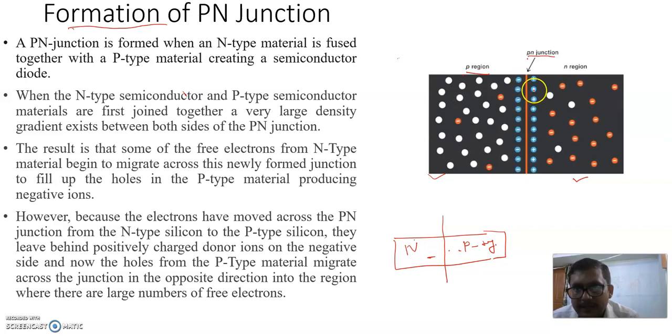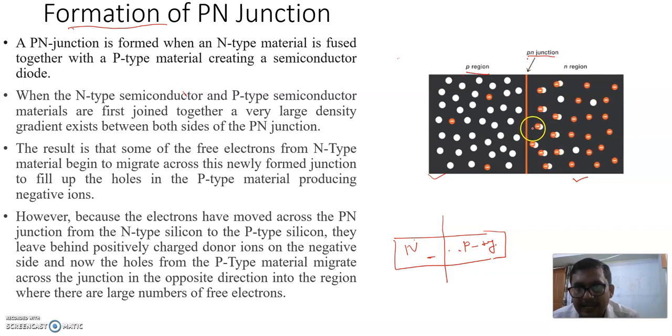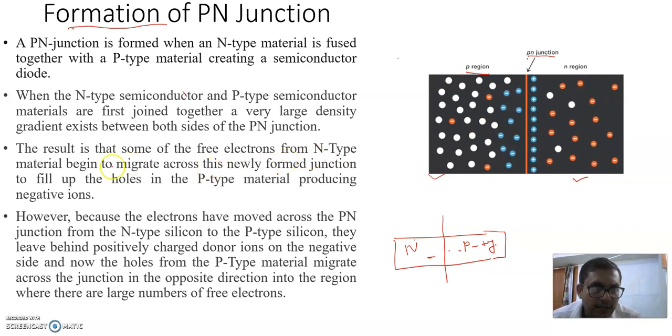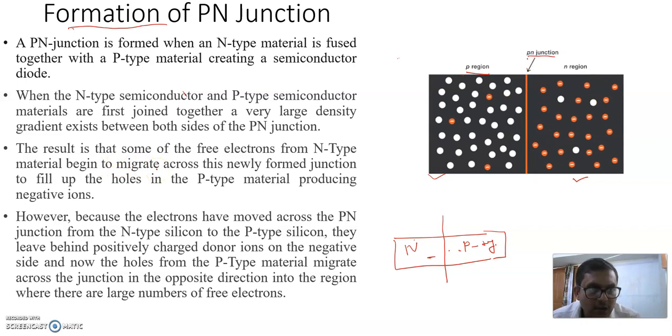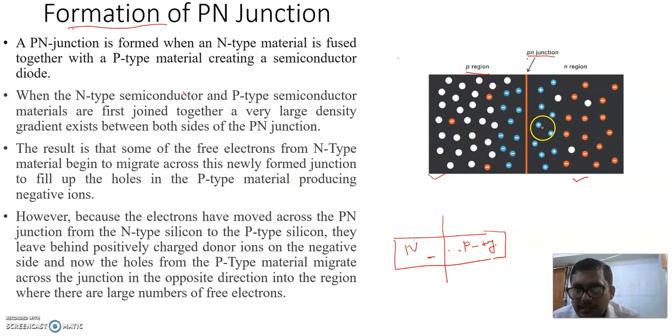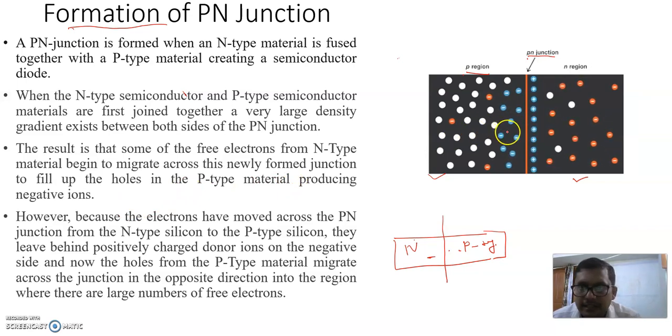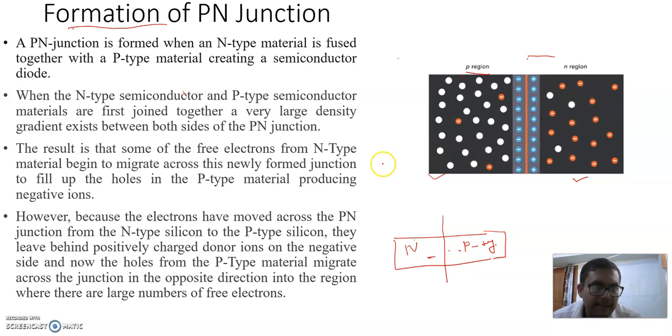So a wall of negative acceptor ions in the P region and a wall of positive donor ions are created at the PN junction. The result is that some of the free electrons from N type material begin to migrate across this newly formed junction to fill up the holes in P type material, producing negative ions in the P region.